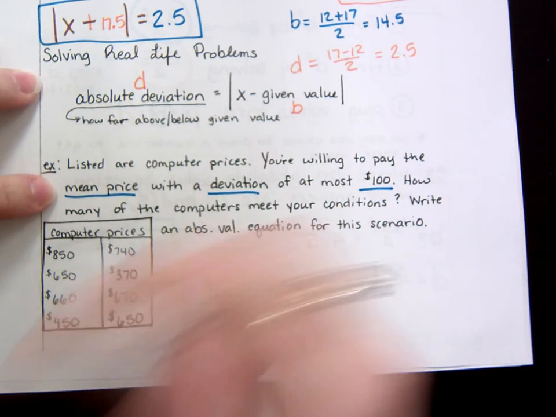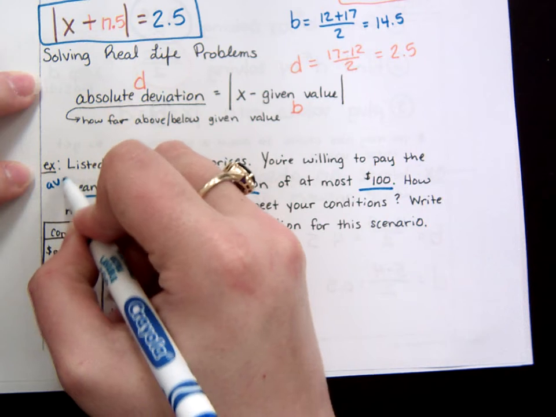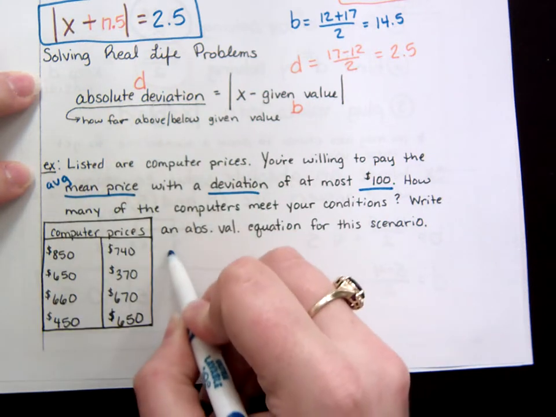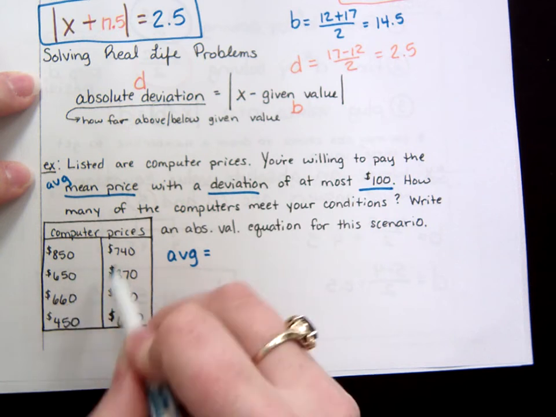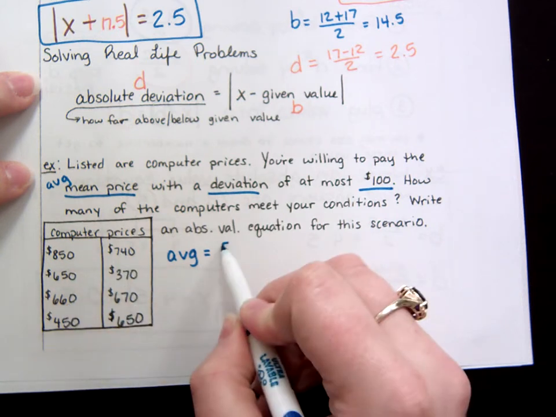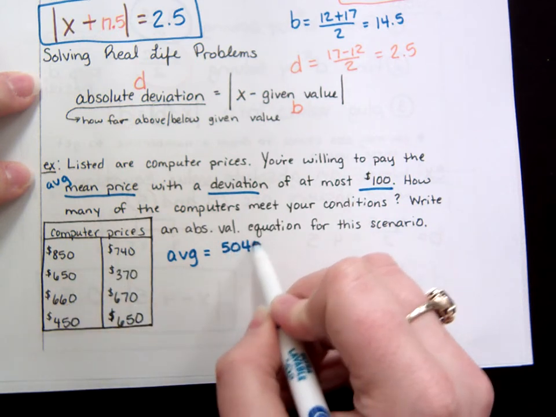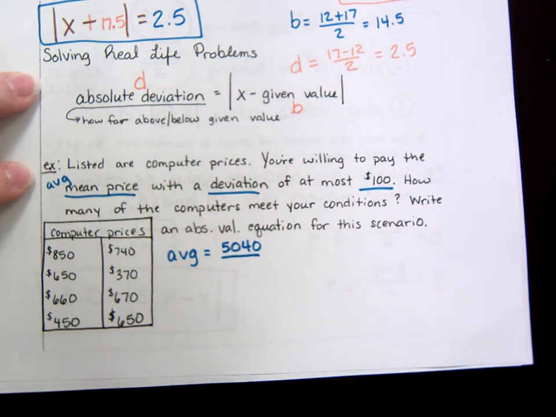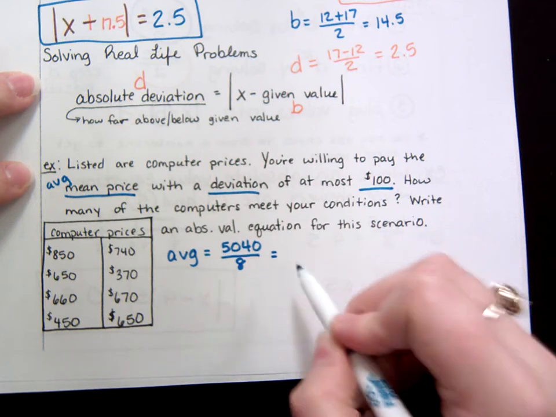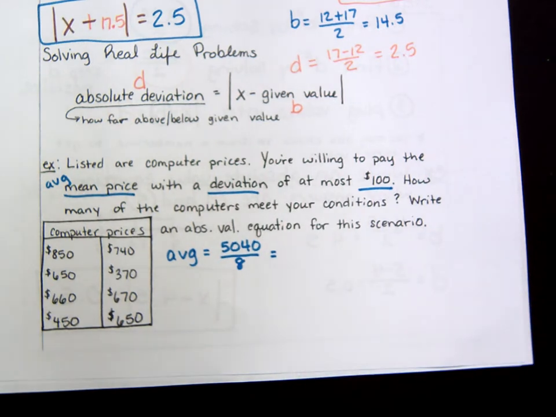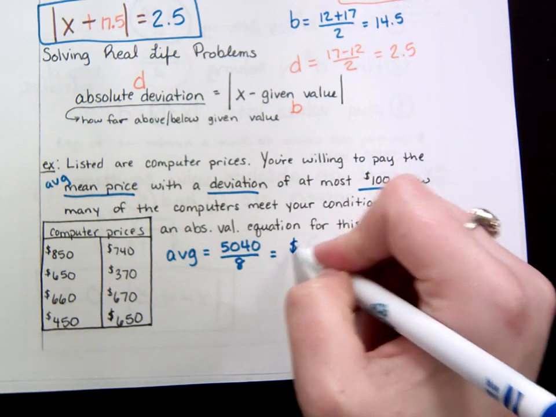Now remember, mean means average. So we're going to find the average. To find the average, you add all the computer prices together, which ends up being 5,040, and then you divide by how many there are, in this case 8. And when you divide that, you get an average value of $630.